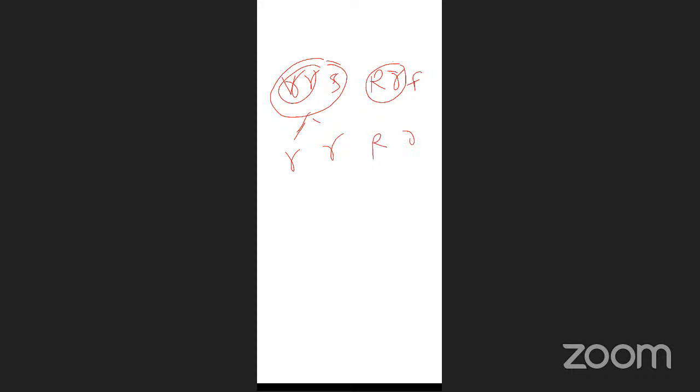That means the joints are separated. Gamete. Right? Now cross. On one side, this is the fertile character. This is the sterile character. Right?